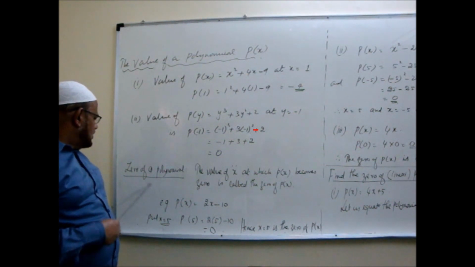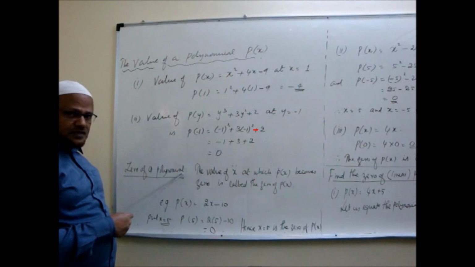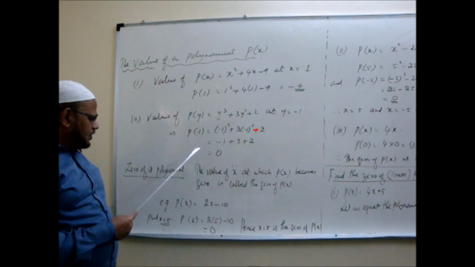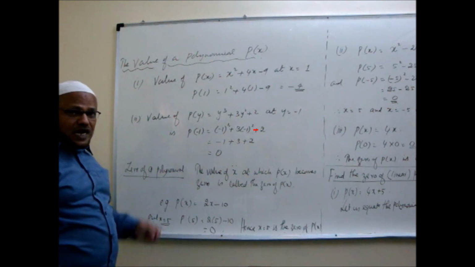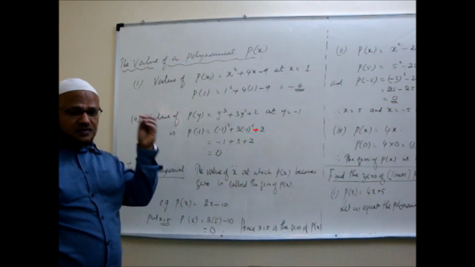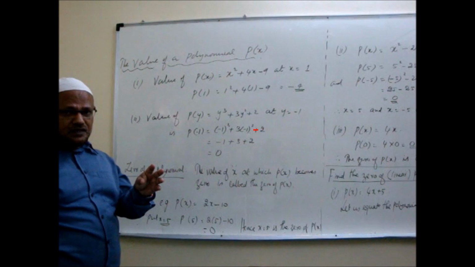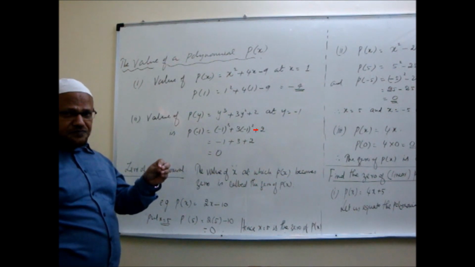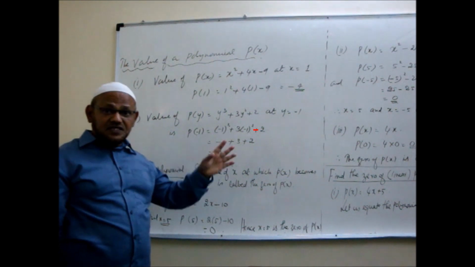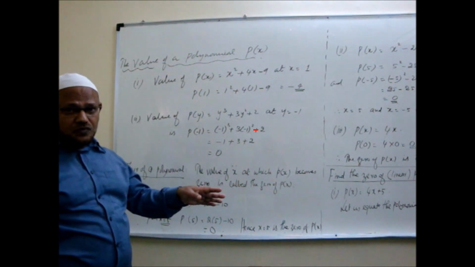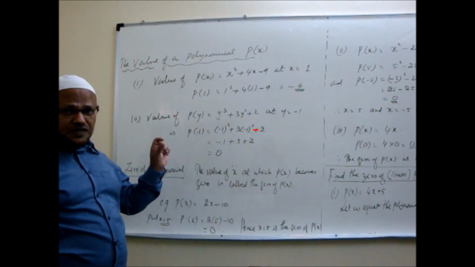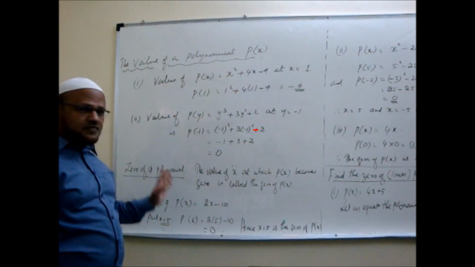Next you are going to learn the 0 of a polynomial. This is also class 9th portion. What is the 0 of a given polynomial? It means the value of the variable at which the value of the polynomial vanishes, becoming 0. That value of the variable is a 0 of the polynomial.